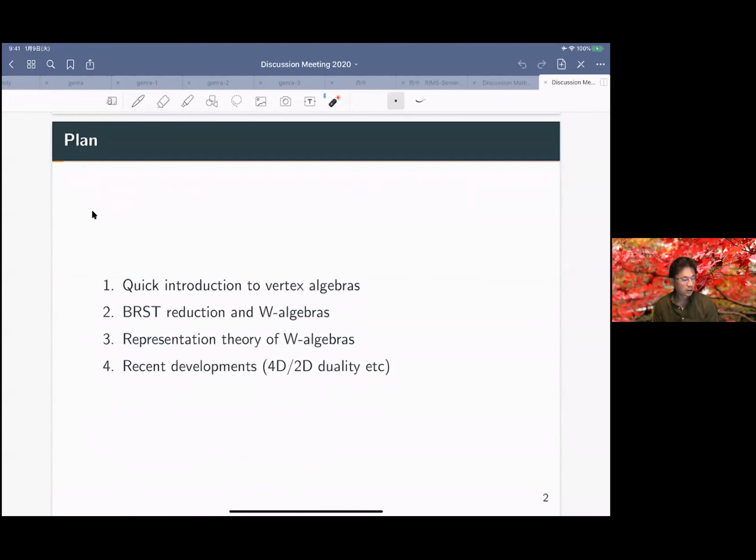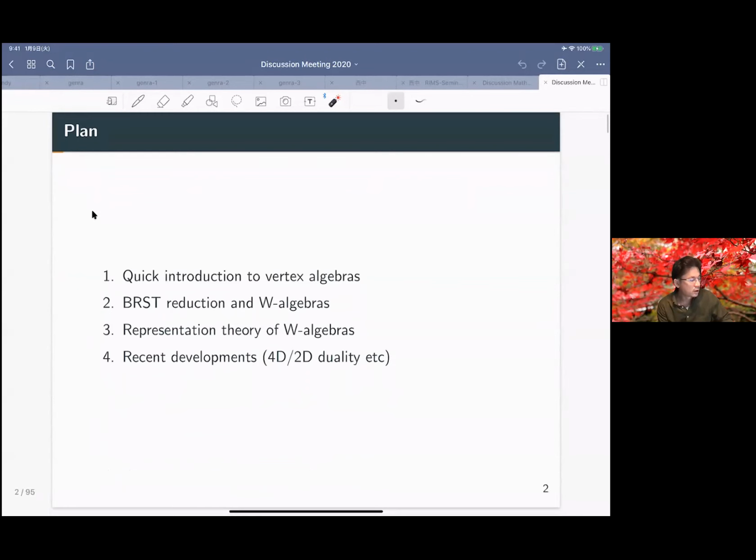Then I talk about the representation theory of W-algebras. There are very exciting new developments around vertex algebras, and if time permits, I'm going to explain some of them.